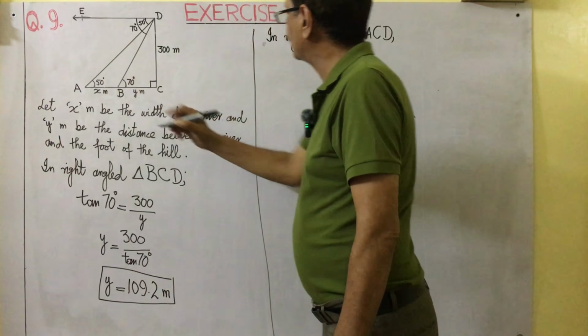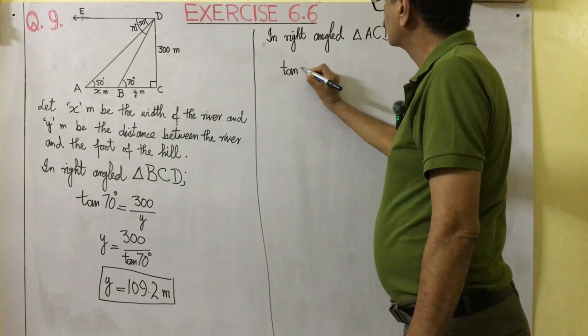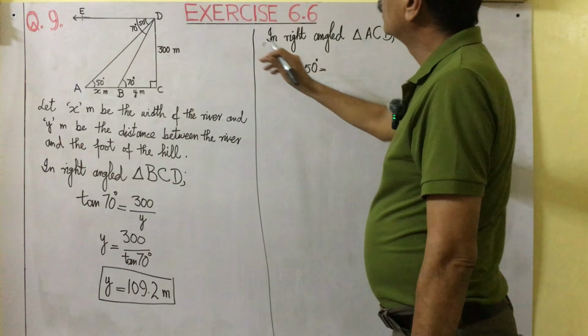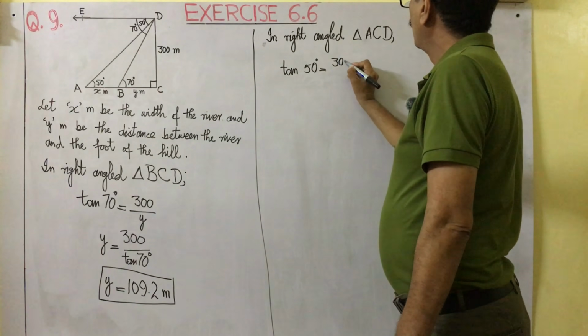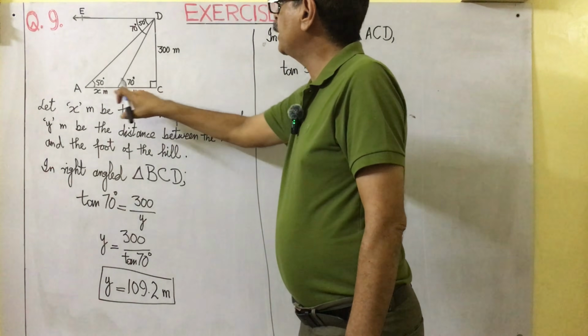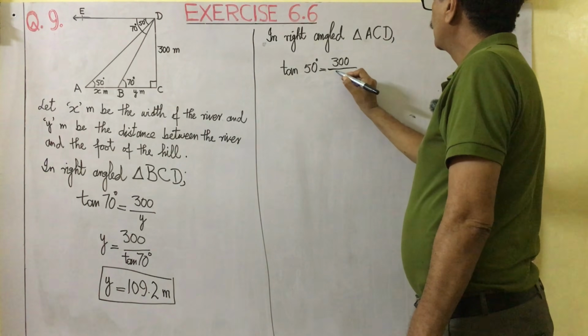In right angle triangle ACD, tangent of 50 degrees is equal to perpendicular 300 over base. Base is AC, x plus y.